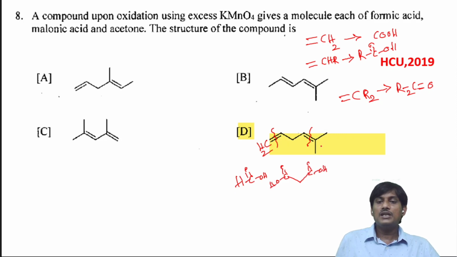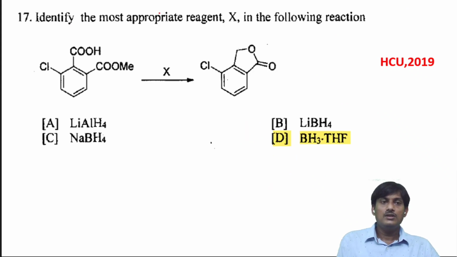And this one will be converted into acetone. This is the molecule you will get. So when you treat molecule D with an excess amount of KMnO4, you will get formic acid, malonic acid, and also acetone.